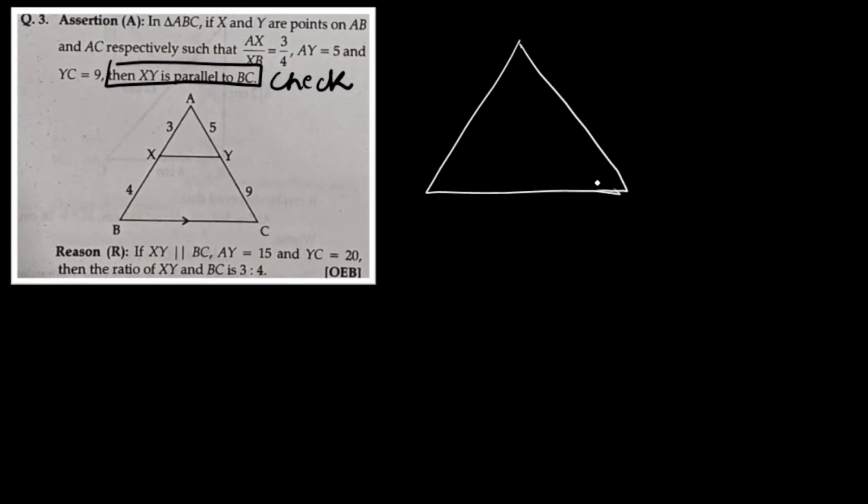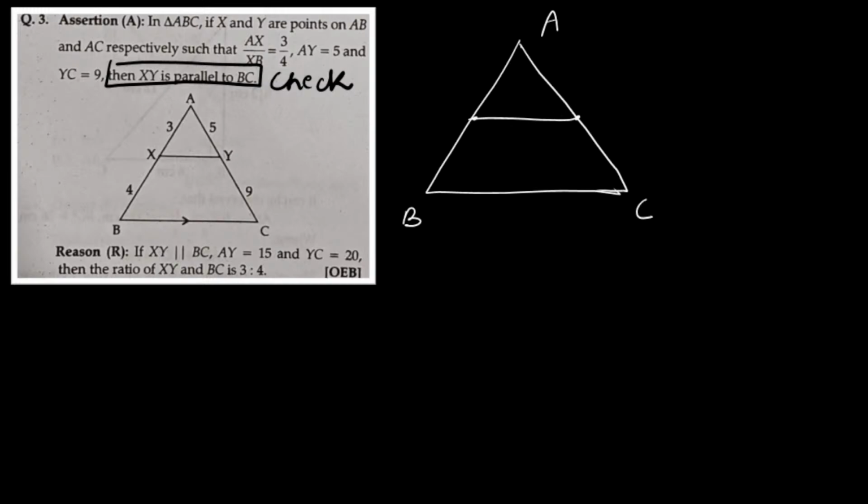Yesterday also, I think in one of the questions we used the basic proportionality theorem. Suppose in a triangle I have any 2 points on the sides. Yes, AX by XB is equal to AY by YC. So that's the result of BPT.